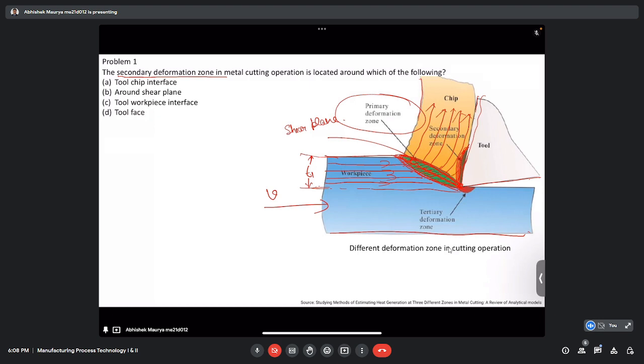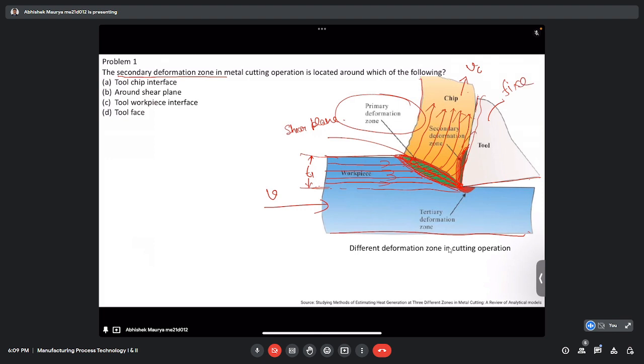Now our chip has some velocity called vc. Our sheared-off workpiece material is moving with velocity vc, and our tool is fixed.